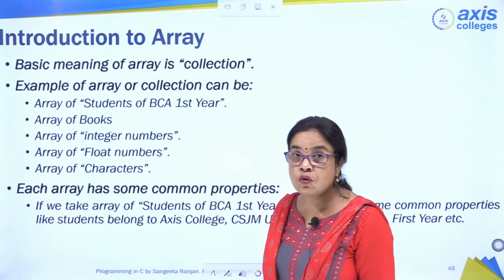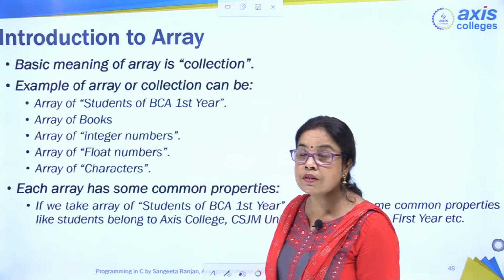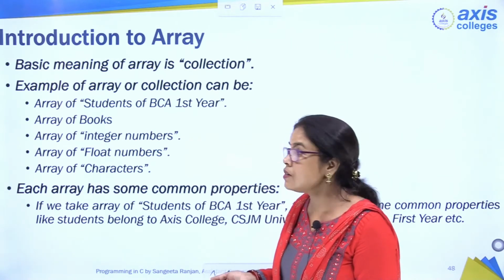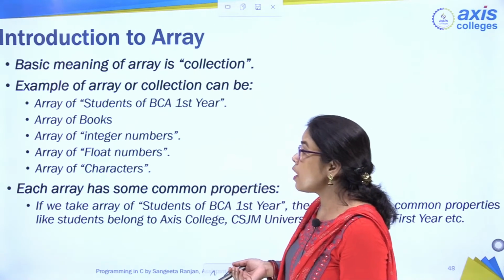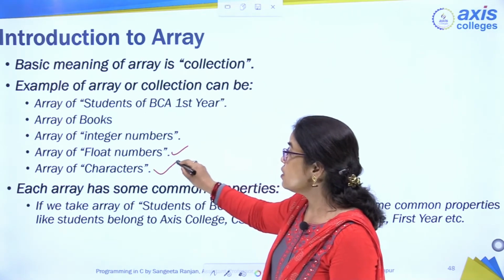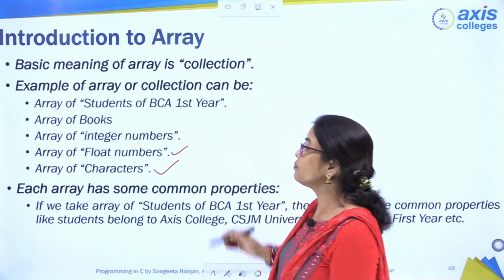We may say the collection of students, the collection of books, the collection of integer numbers. That is, a collection of students means an array of students, an array of books, array of integer numbers, array of float numbers, array of characters. These are collections, and these are arrays.